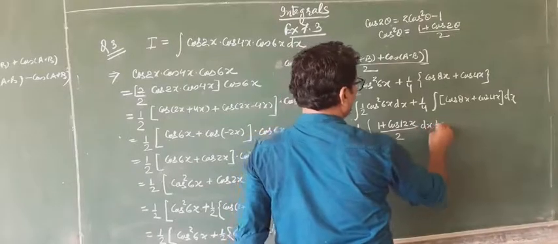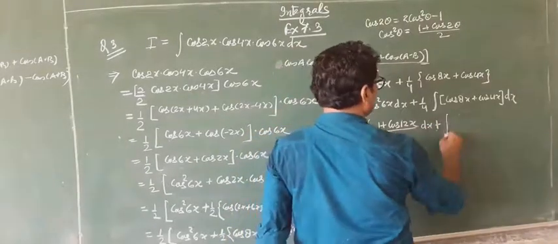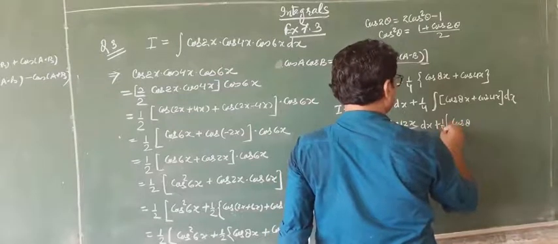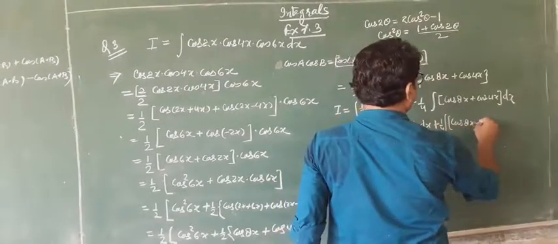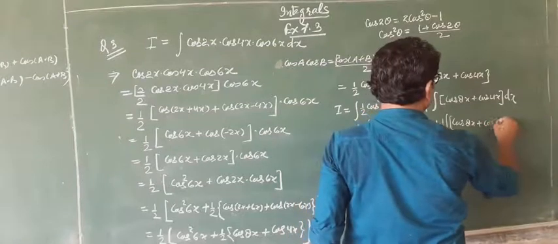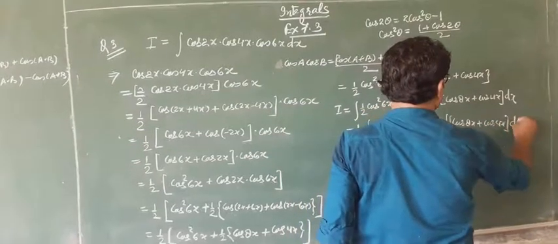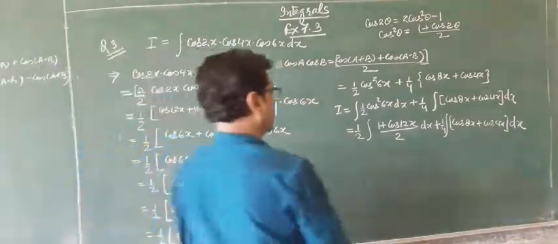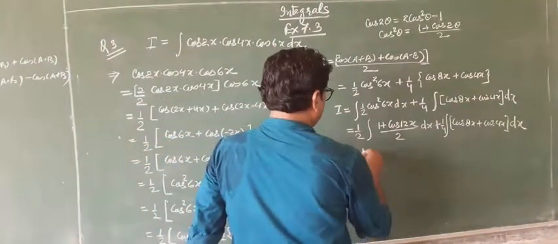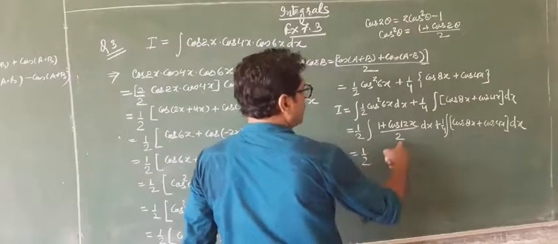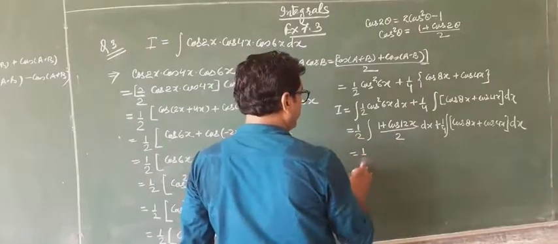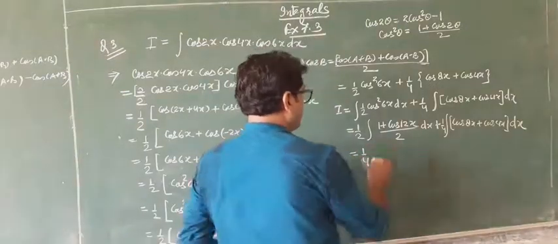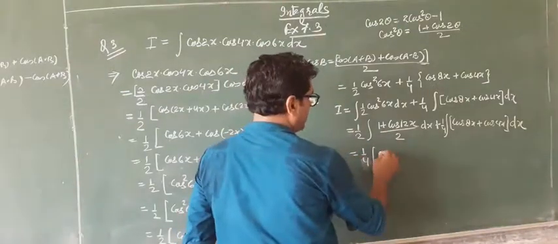dx plus cos of 8x plus cos of 4x dx. So this is 1 by 2, this is also 2, so we can write it as 1 by 4. Integration of 1 is x.